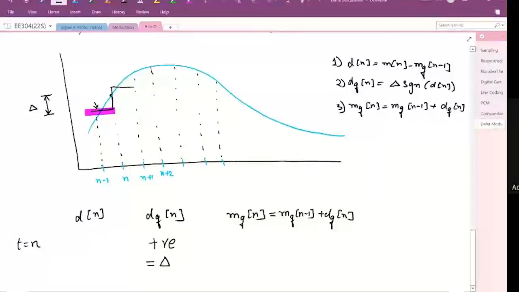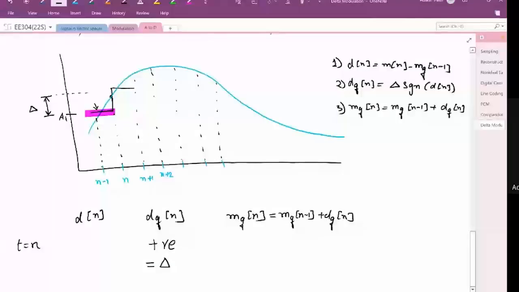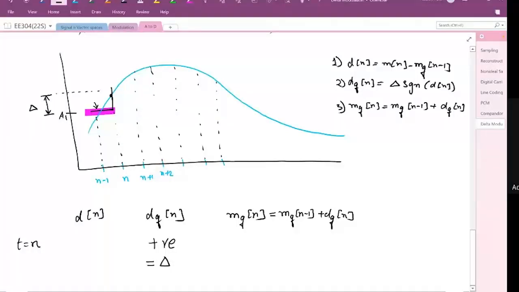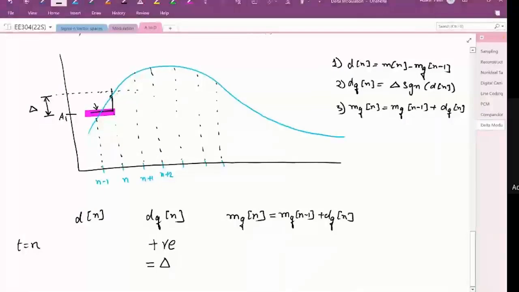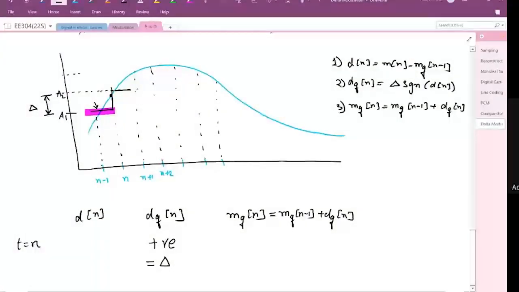So if I see the equivalent message signal, mqn has gone from this value to this value, from the level, let us say a1. We have assumed this to be del, and again this is del, which gives a2, and similarly a3 and a4.